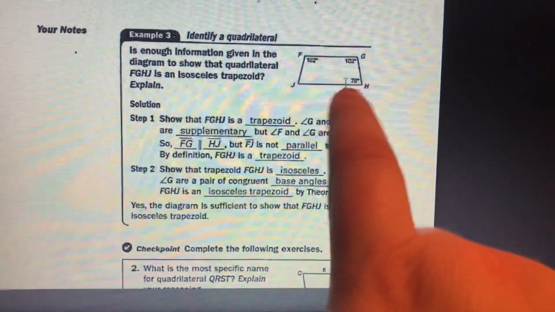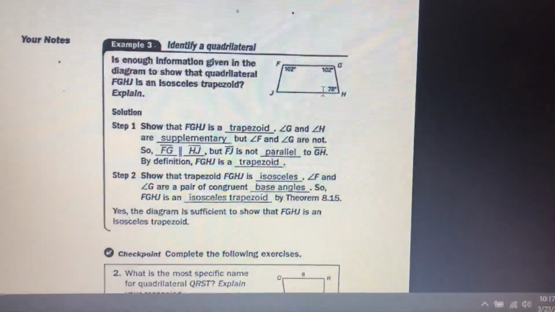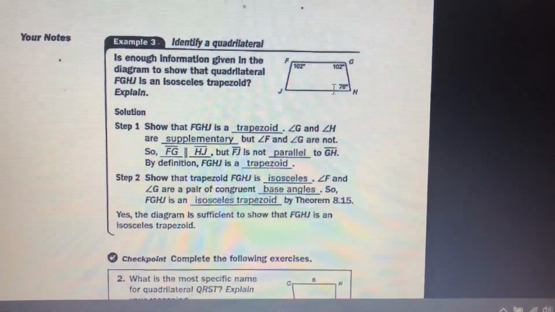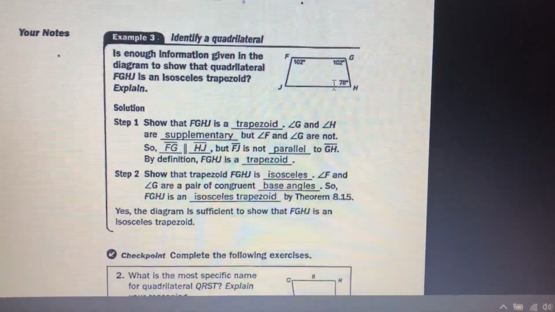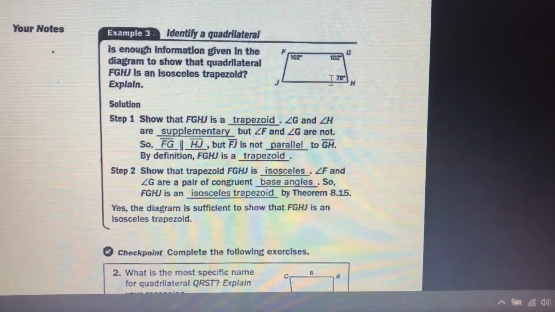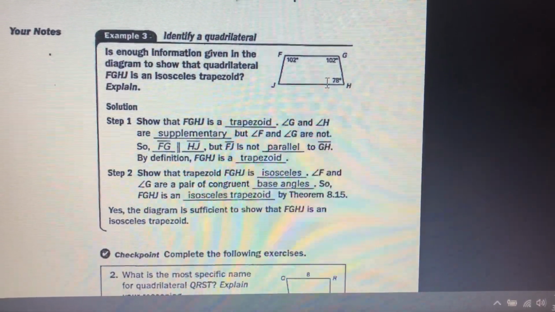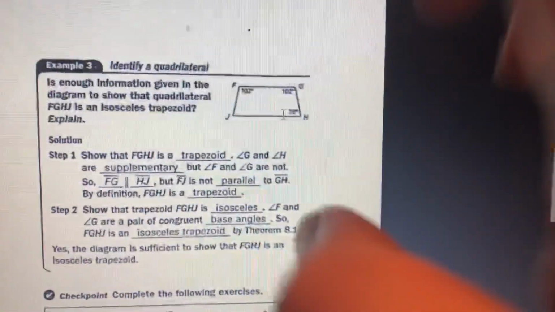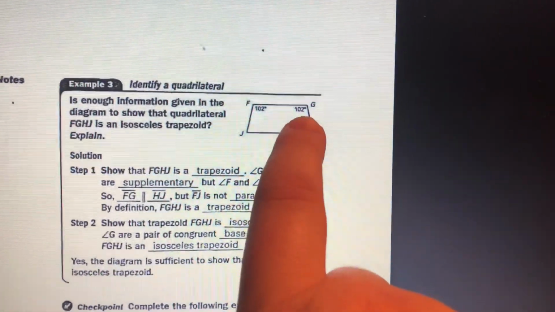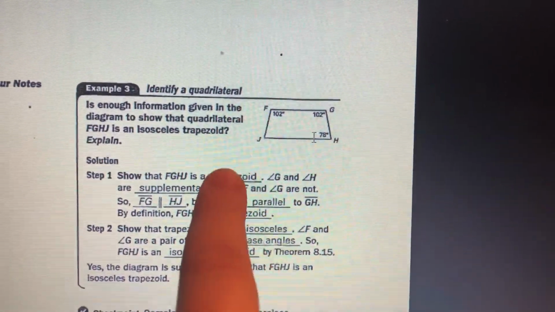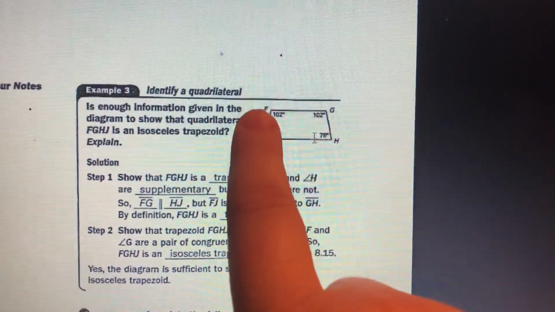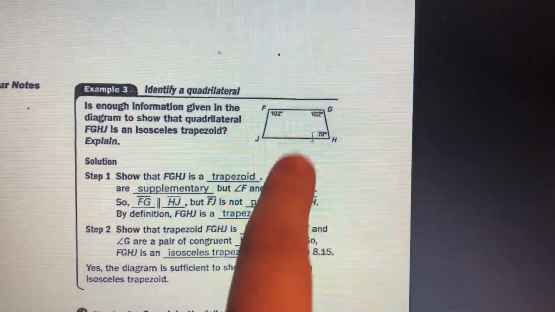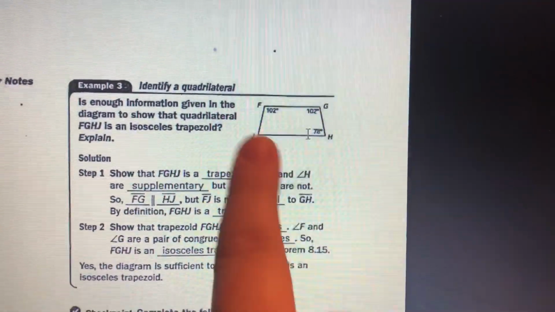These two lines are parallel because of the same side interior angles, consecutive angle theorem. FJ is not parallel to GH, because we see that this is 102 and that's 102. So FG and JH are parallel, and thus by definition, this is a trapezoid.